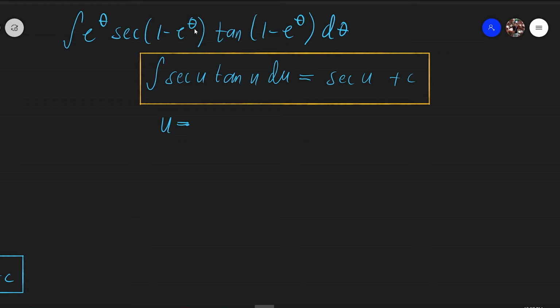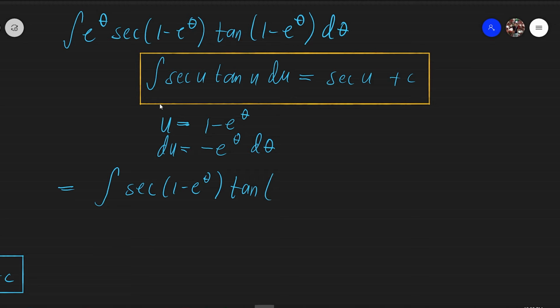If you get the derivative of that, du is equal to negative e raised to theta d theta. So applying the left side of this formula, this will be equal to the integral of secant of 1 minus e raised to theta, tangent of 1 minus e raised to theta, and your du, which is the negative e raised to theta d theta.